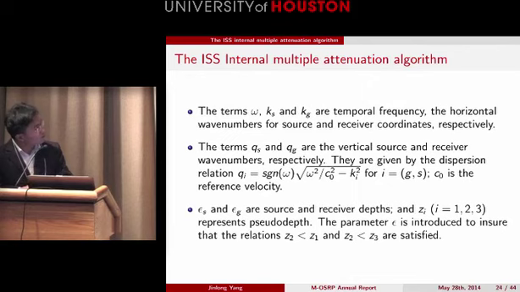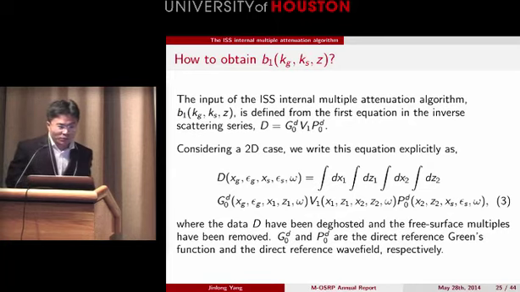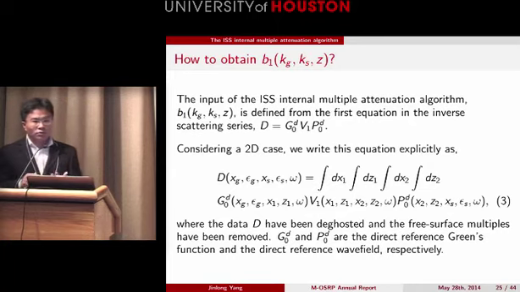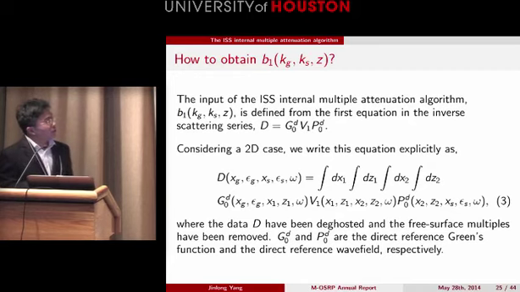This is a verbal description of the previous slide. How do we get the B1 from the first equation in our inverse scattering series? We have data equals G0D V1 P0D. This assumes a general source case.